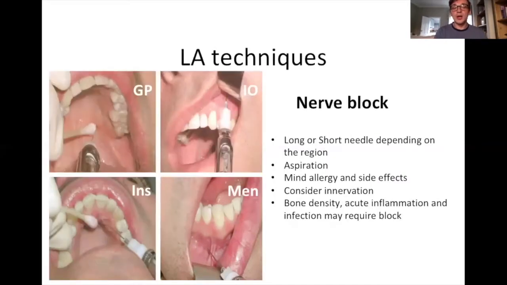Now, nerve blocks, a slightly different thing. Obviously, if you work on a group of teeth or you do some invasive procedures, for example, an extraction of several teeth where innervation comes from different branches, then you might need to consider nerve blocks as well. I quite like the greater palatine nerve block, just after the border of the palate, in the projection of the apex.